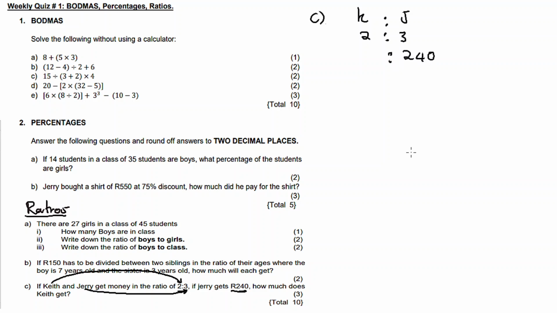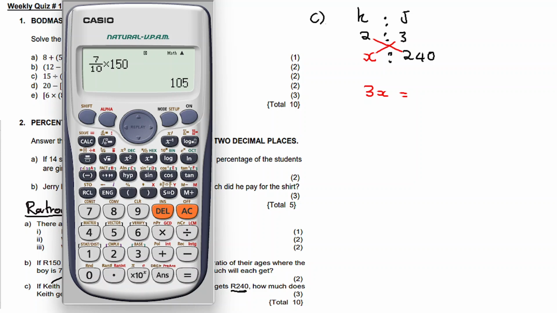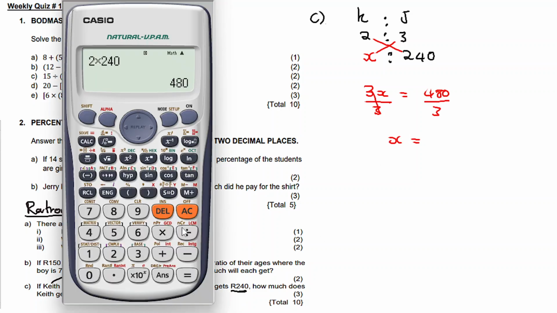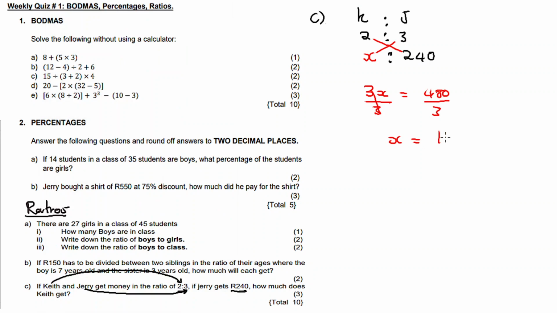How much does Keith get? We don't know, so we put in an x, then we cross multiply. 3x equals 2 times 240, which is 480. Divide both sides by 3 and you get your value for x. 480 divided by 3 gives 160 rand. So this is how much Keith gets.